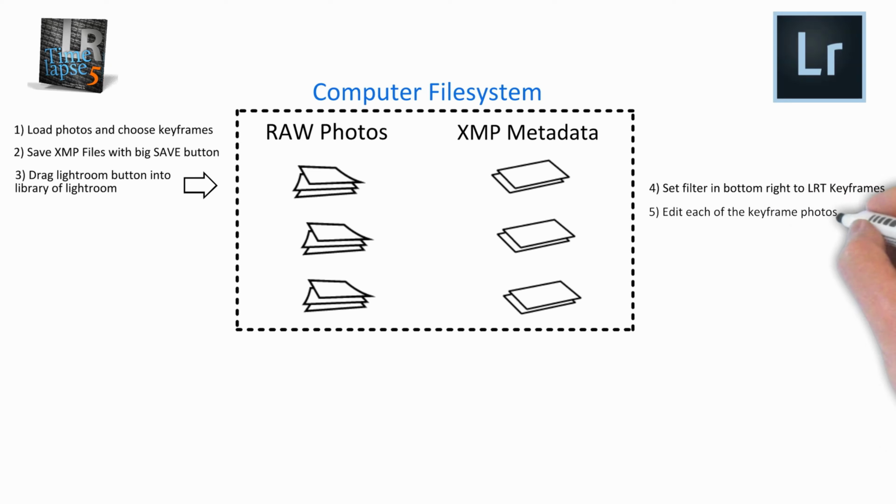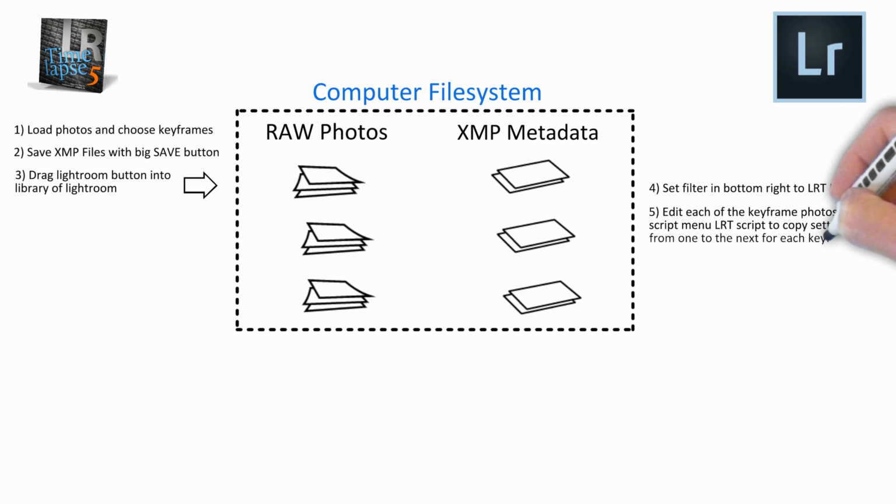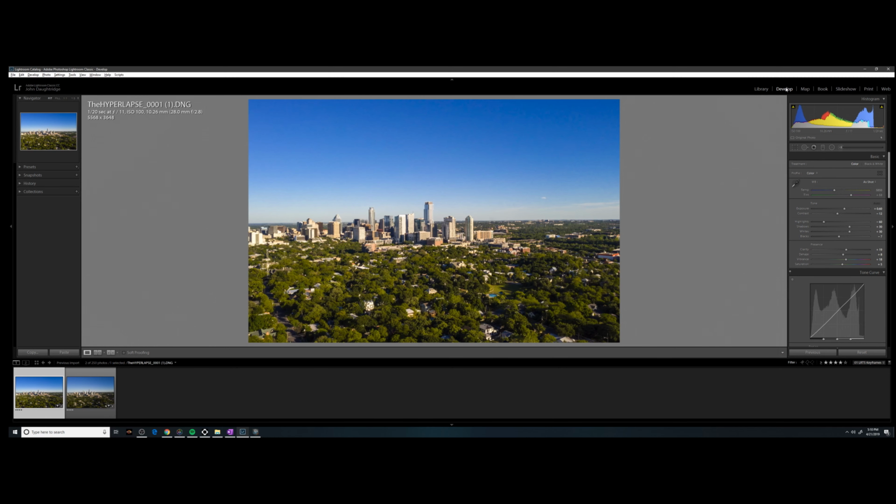Edit these keyframes however you'd like them to look. Keep in mind, LRTimelapse is going to build transitions between your keyframe edits. A critical point would be to make them in sequence. Start at the beginning of the sequence and edit towards the end, because after you're done with each keyframe, you're going to shift-click on the next keyframe and go to the Scripts menu at the top of the screen.